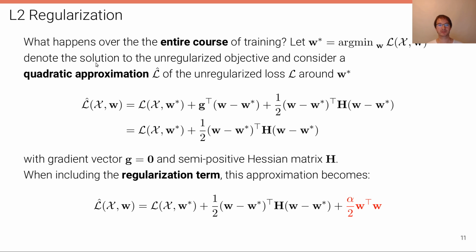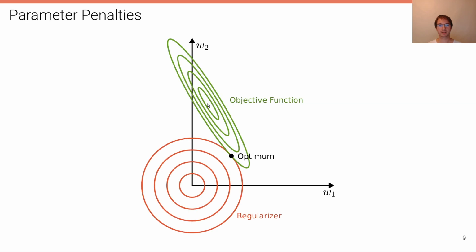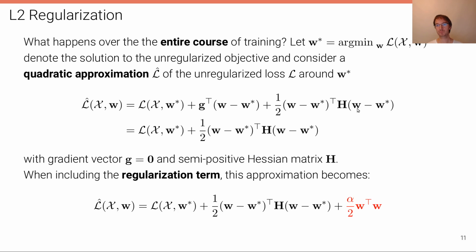So W star is the solution to the unregularized objective. If I show this plot again, this will be here. And let's consider a quadratic approximation, L hat. Don't be confused with L tilde. The hat indicates that this is an approximation of the unregularized loss around W star, around the optimum.